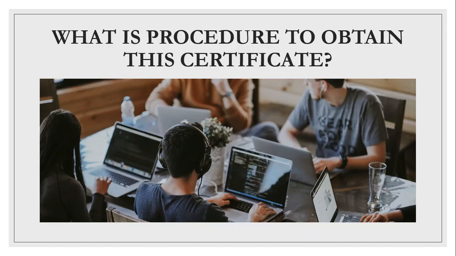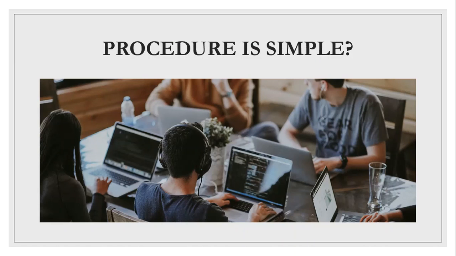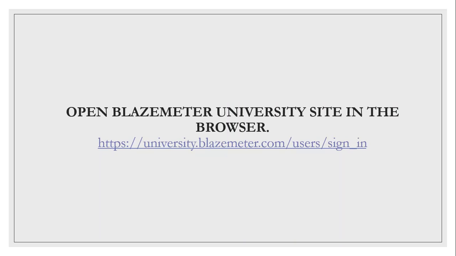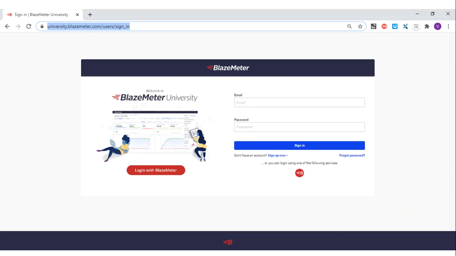So what is the procedure to obtain this certificate? It's pretty simple. What you need to do is open the BLAZEMETER University site in the browser, that is https://university.blazemeter.com, and once you navigate to their landing page, this is the landing page of BLAZEMETER University.